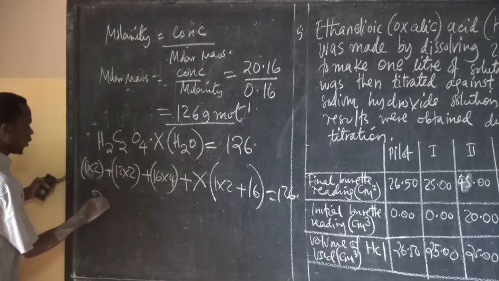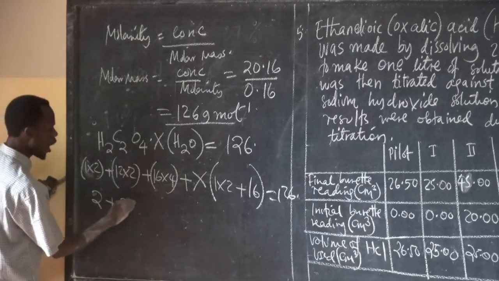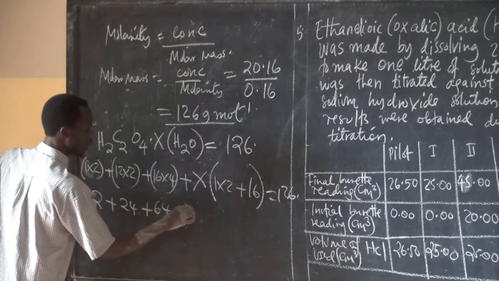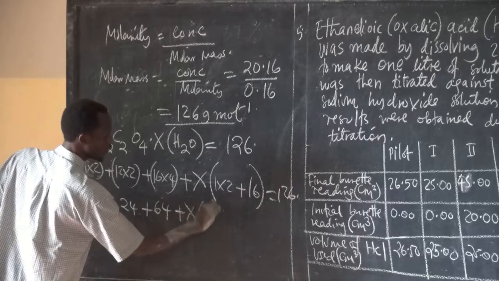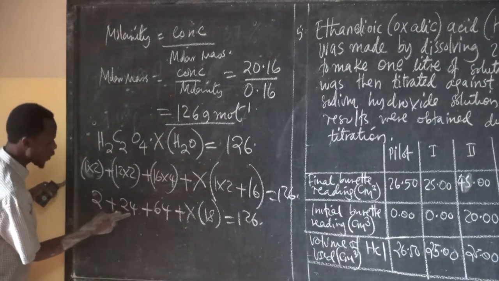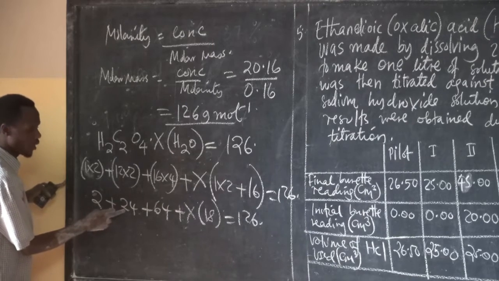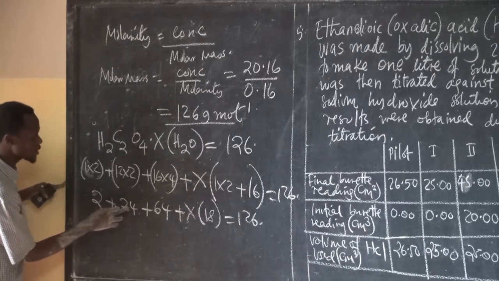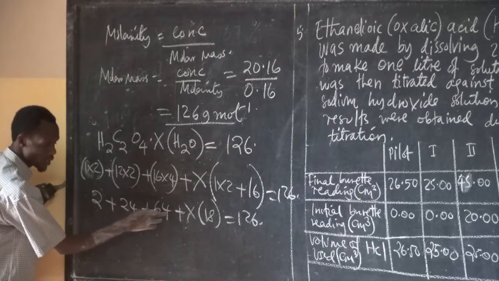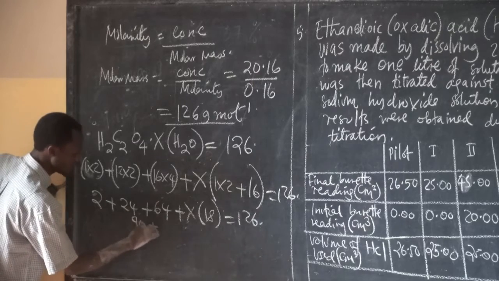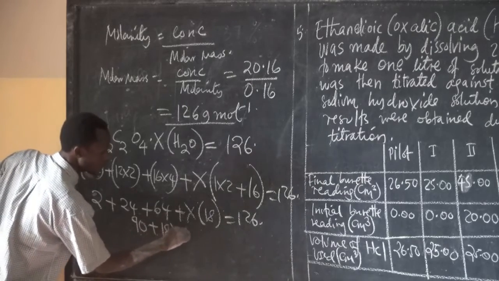Now here it is 2 plus 24 plus 64 plus X in bracket 18, which is equal to 126. Now 2 plus 24 is 26, 26 plus 64 is 90. You get it? 90 plus 18X is equal to 126.